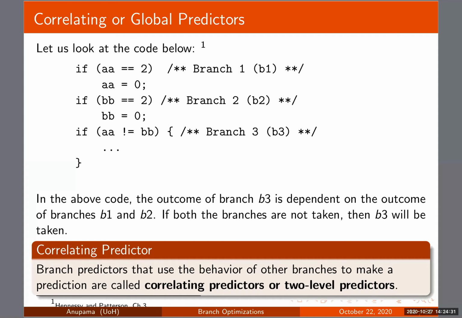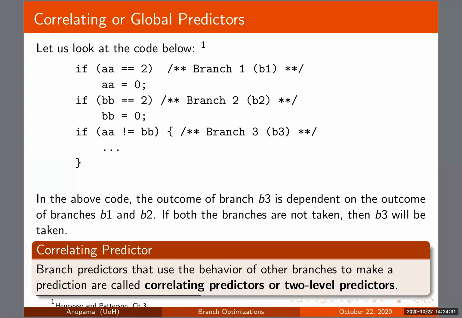That makes the prediction much more accurate for that branch, because different branches will have different addresses, and when you XOR with the same global history information, the resultant 6 bits will be different for different branches.